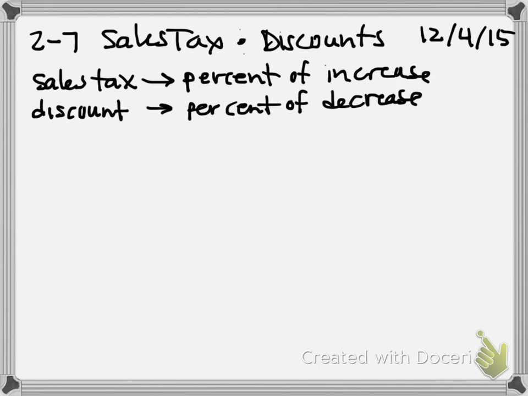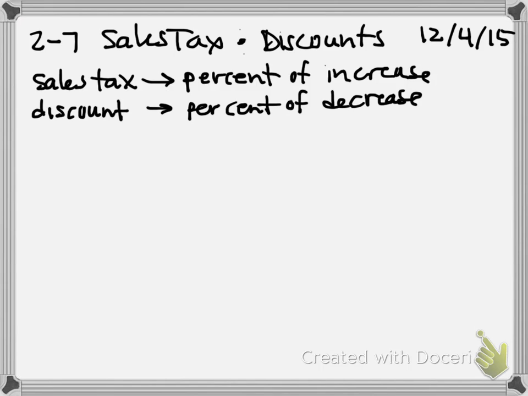So for example, what you're going to do to figure out sales tax is you're going to take the amount of the purchase, or I should say subtotal. Everybody understand what I mean by subtotal? Subtotal is you go to the store, you go up to the register, and they total up everything that you purchase. And then that's the first total. And then they do whatever they need to do.